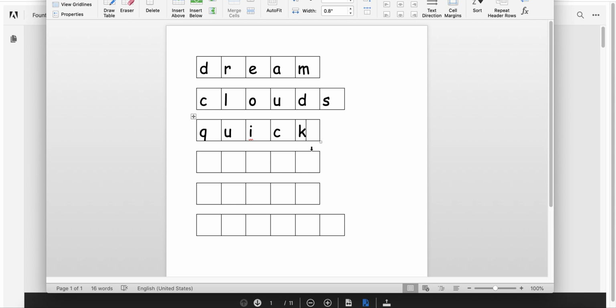Okay, quick. Next one, the word is those. Those. If you count the sounds, those, there's only 3 sounds in that word. Think about the beginning. You know that's a TH.